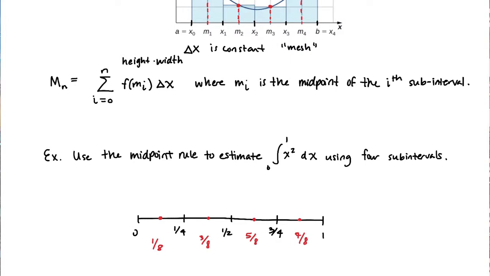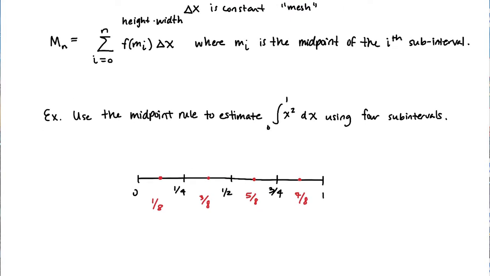Okay, so to add this up, we would then need to compute what is our delta x. Delta x is consistently 1/4 because we have 4 subintervals.